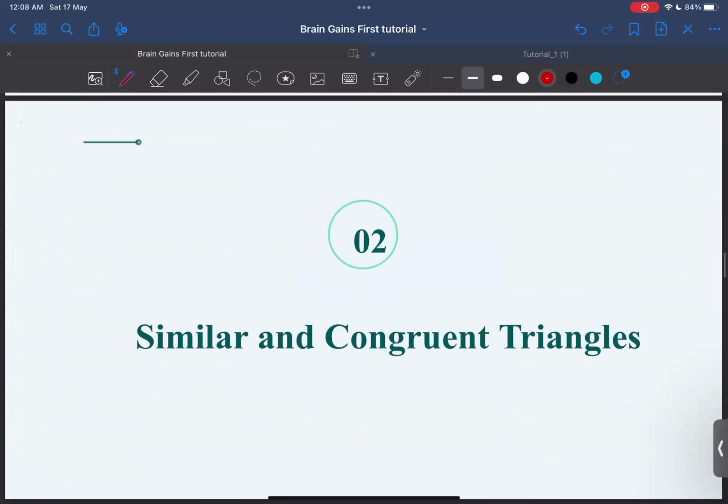And then we're going to go into a little bit of similar and congruent triangles. How many people here know what similar and congruent mean? I think this is a bit more complex, jumping from what a triangle is.